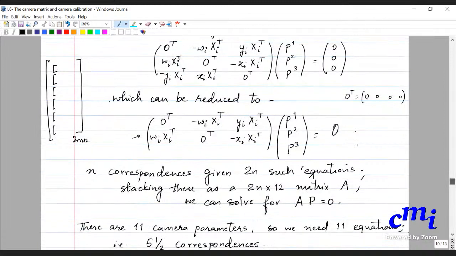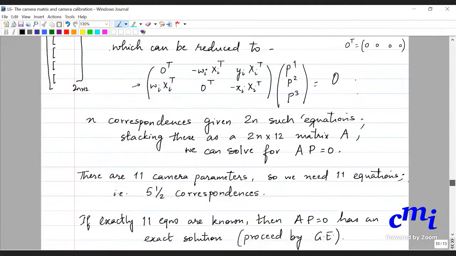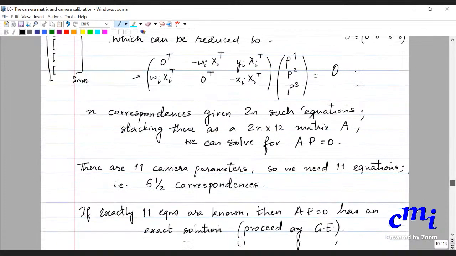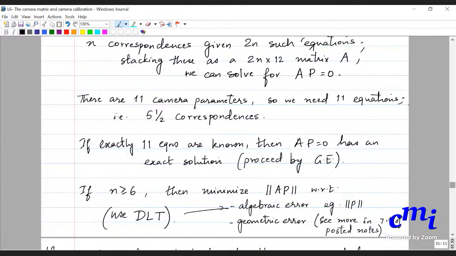So we need 11 equations, that is 5.5 correspondences. So this will have an exact solution if 11 equations are known, which can be done by Gaussian elimination. Okay, but normally what is done is you take more than 6 correspondences and you minimize norm AP with respect to either the algebraic error or the geometric error.